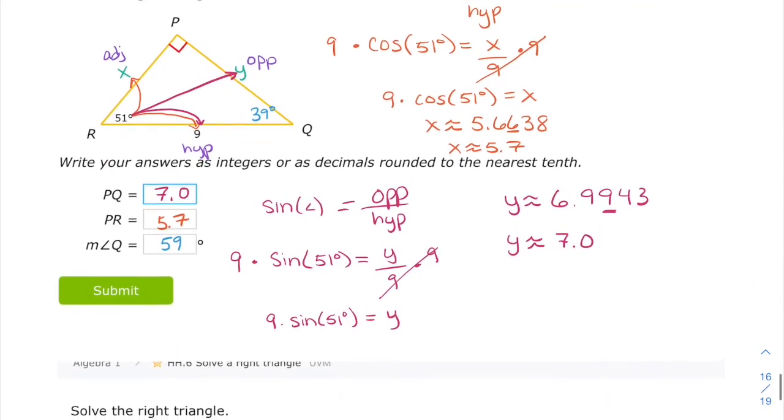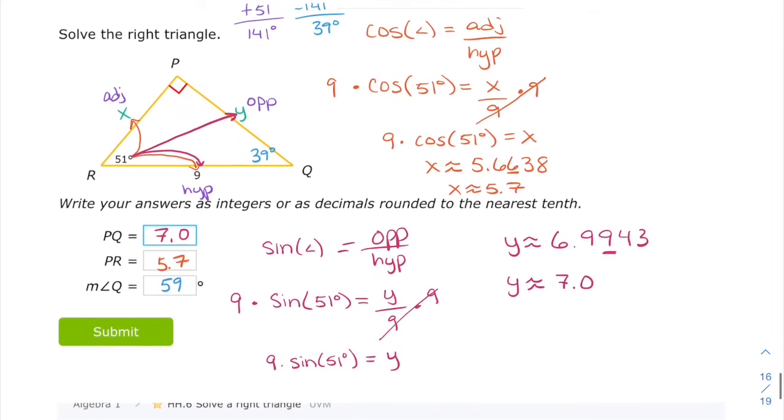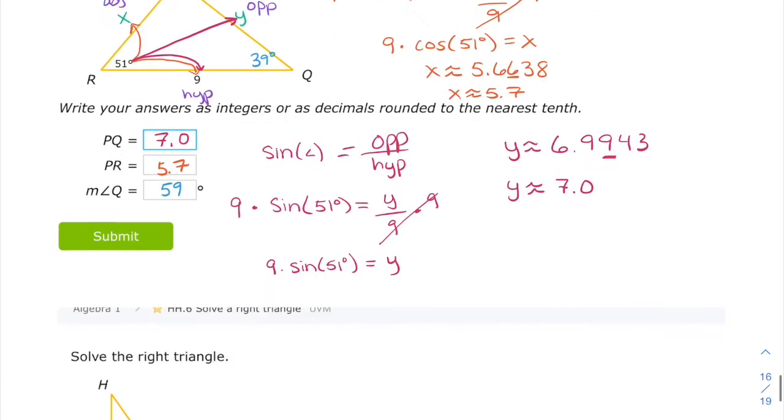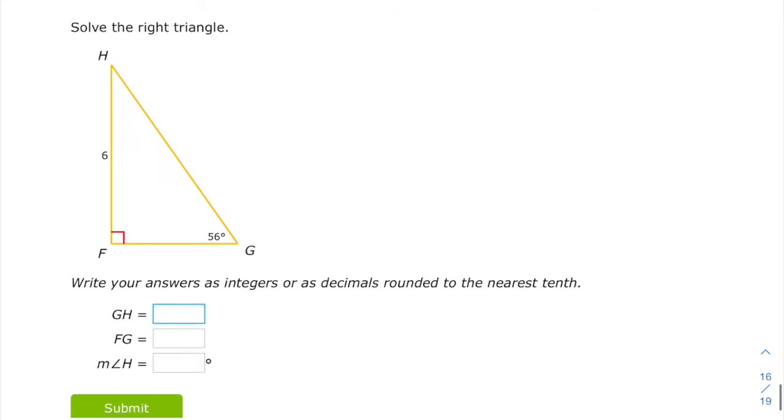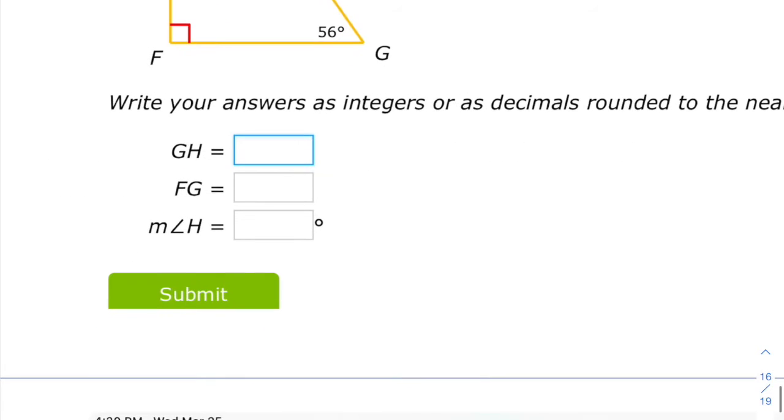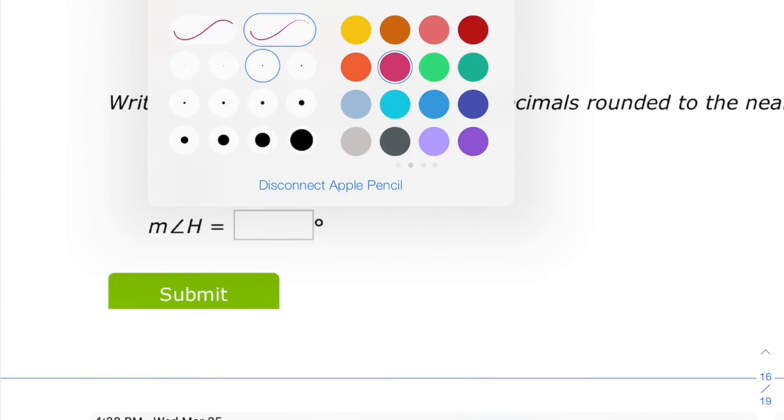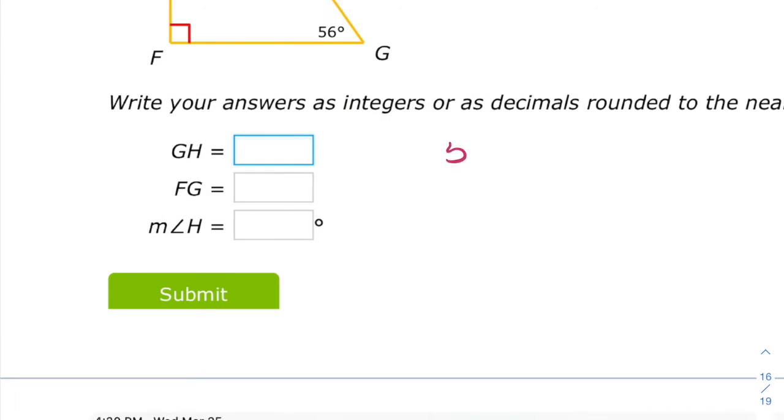All right. The next one here, we're given the same thing. We're given one angle, and we're given an angle. So let's do 56 plus 90.